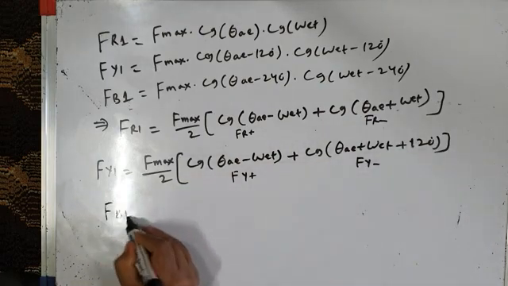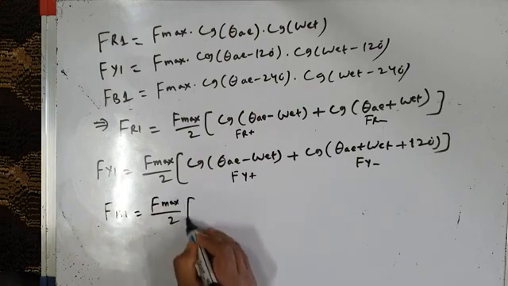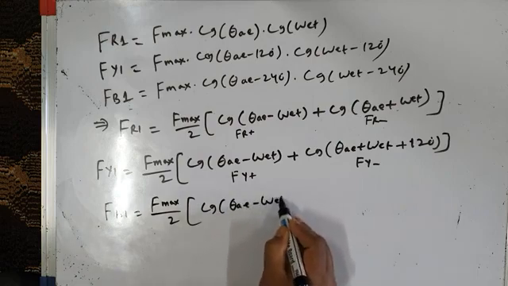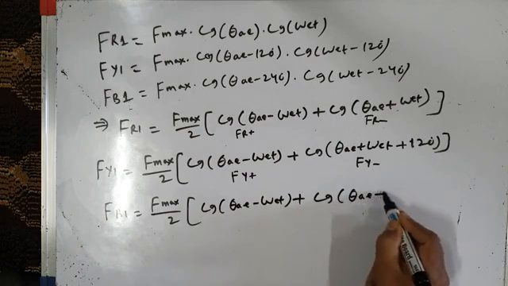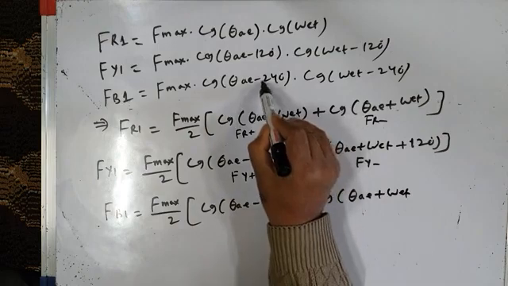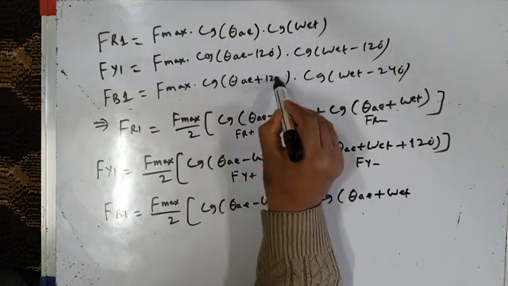Similarly, FB1 is equal to F max by 2 into cos of theta AE minus omega ET plus cos of theta AE plus omega ET minus 240 degrees. See, instead of writing minus 240 degrees, we could write plus 120 degrees also.